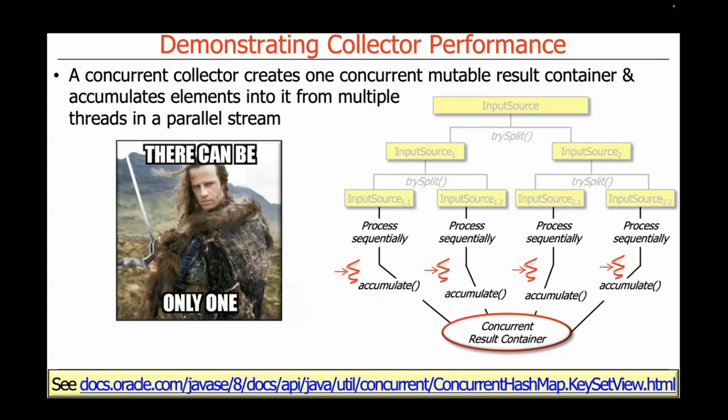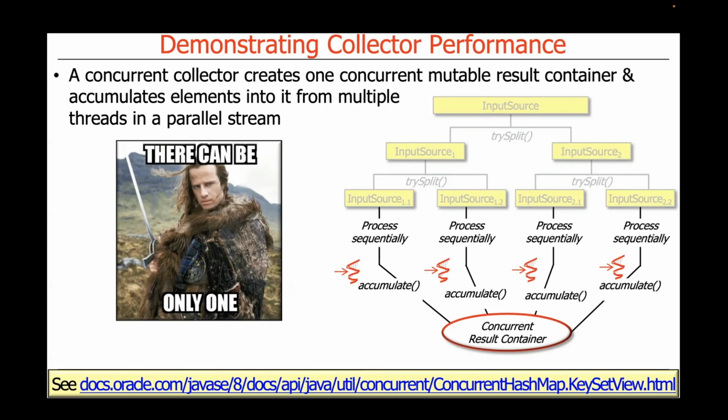In contrast, and this is very important to remember, concurrent collectors create one concurrent mutable result container and accumulate elements into it from multiple threads in a parallel stream. So there can only be one mutable result container, and it must be thread safe.